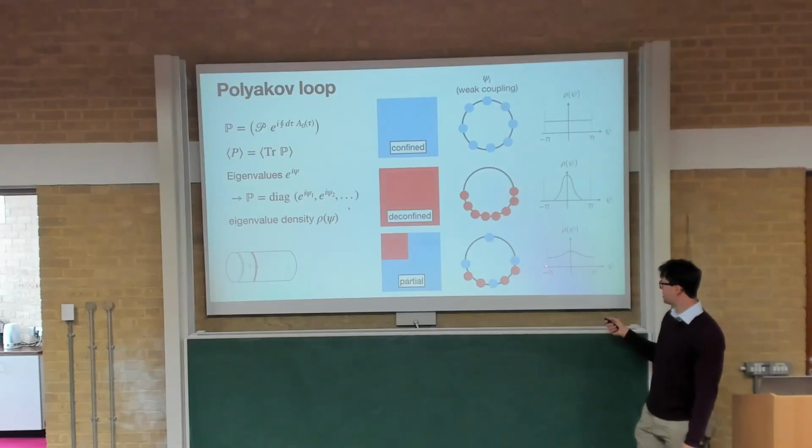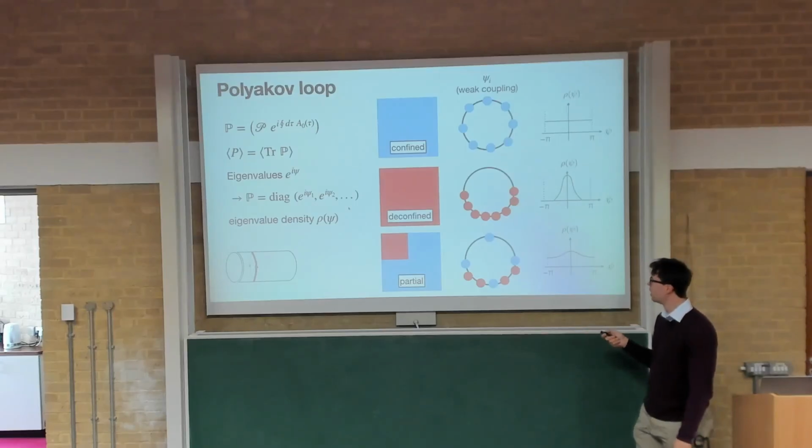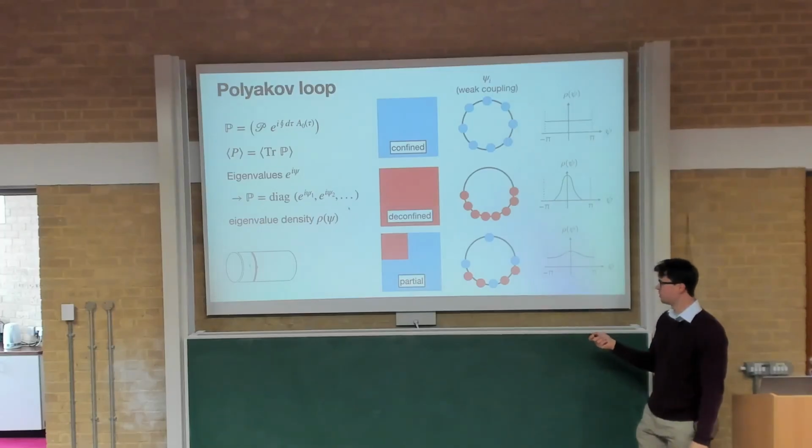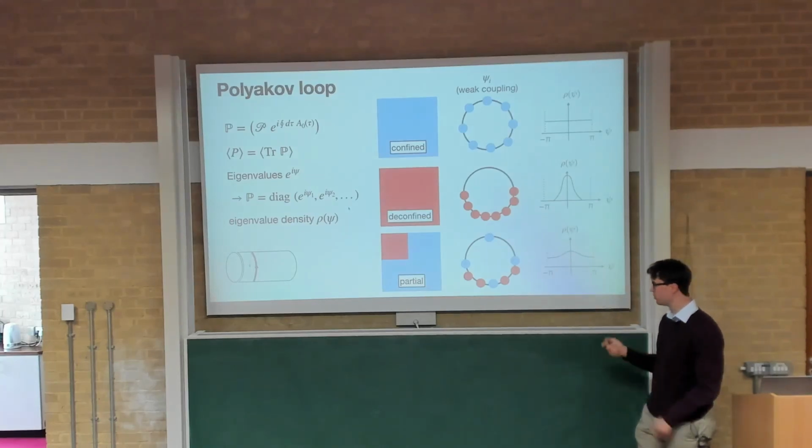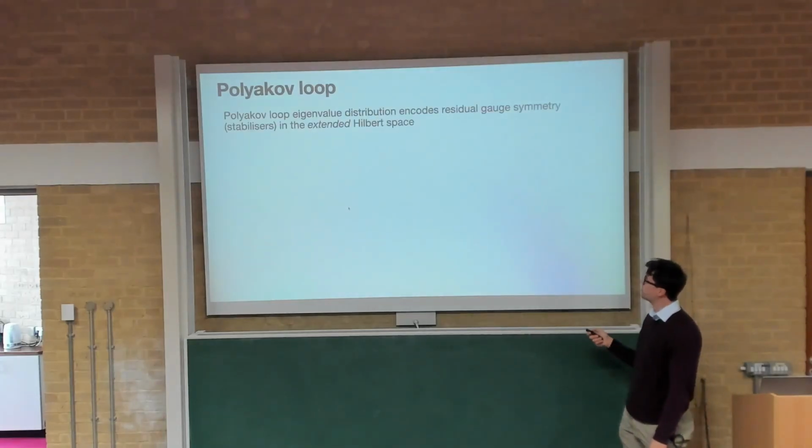The uniform part corresponds to the uniformly distributed eigenvalues, or the confined part of the mixed phase. This is a precise way of referring to this cartoon picture, because it's well defined to take the eigenvalues of a Polyakov loop and look at the distribution.